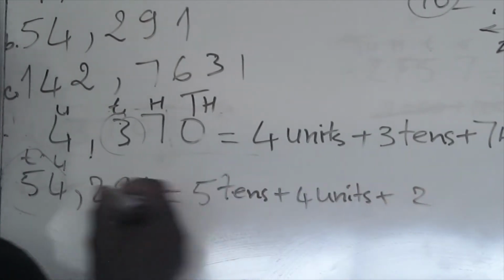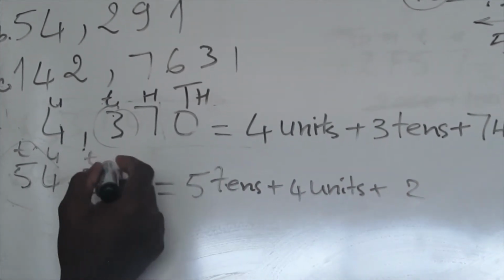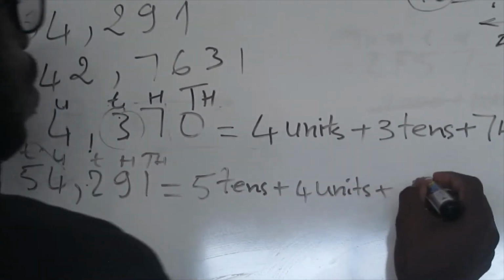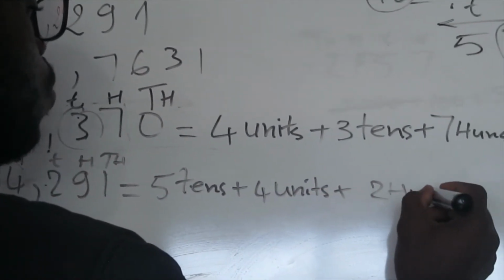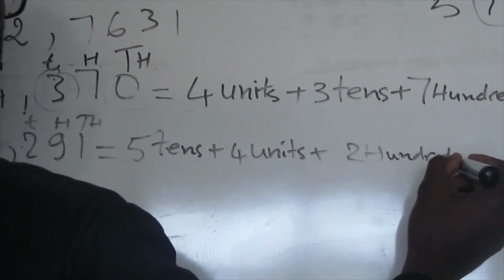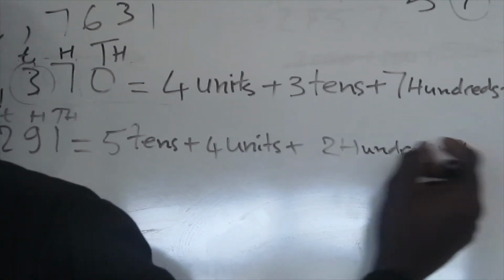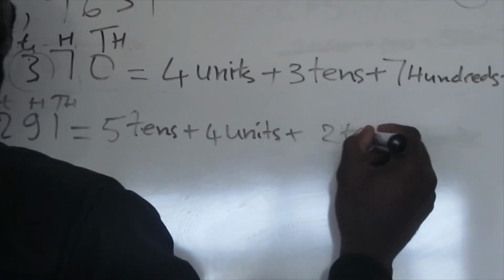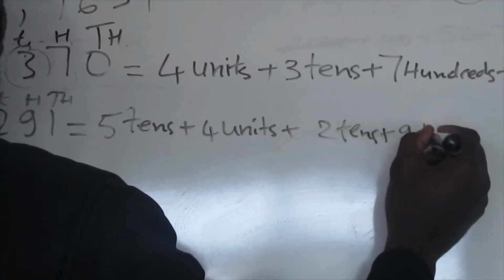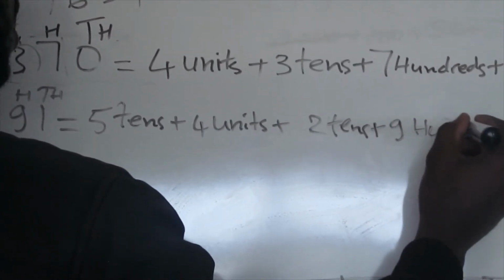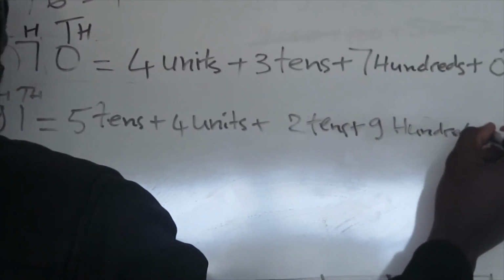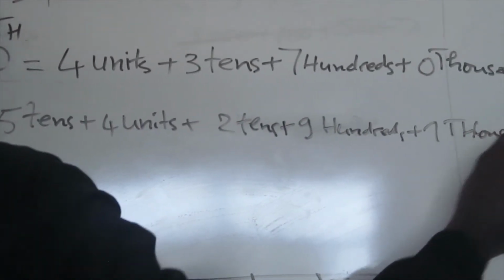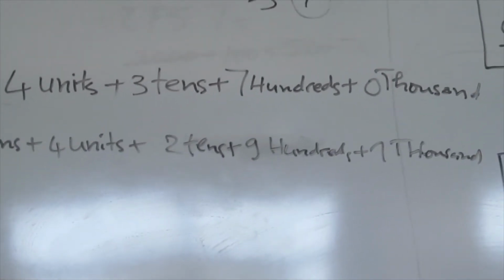Now after the comma we start with the tenths, hundredths and thousandths: 2 tenths plus 9 hundredths plus 1 thousandth. This is how we place value this number.